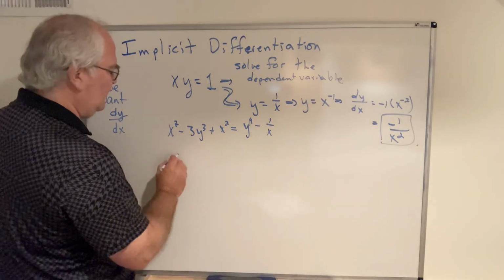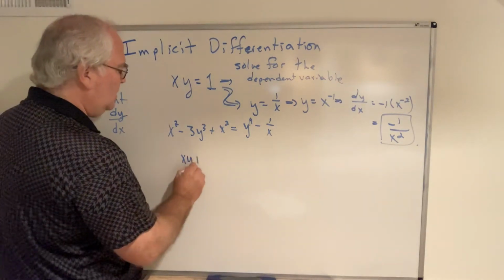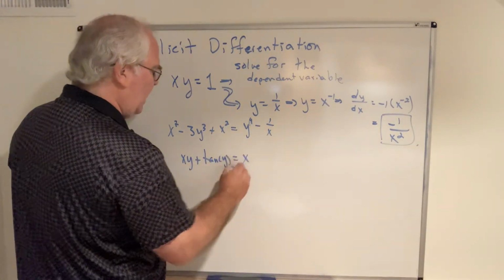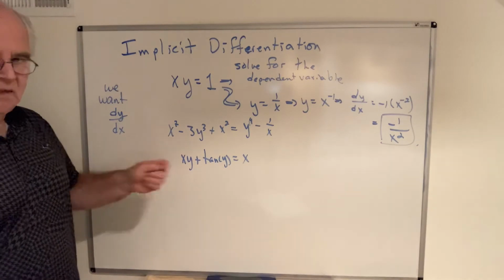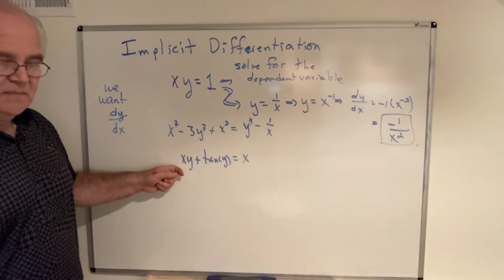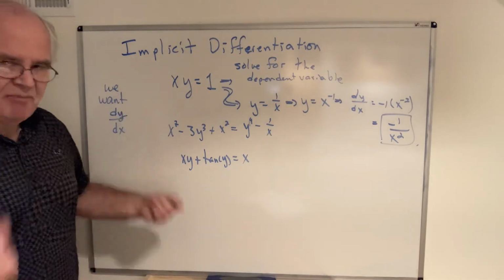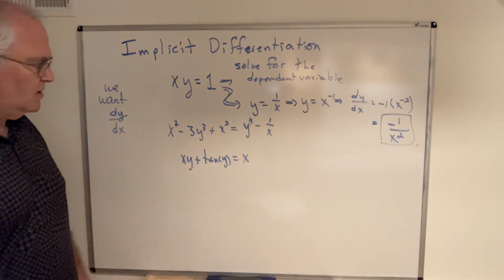We could have something like this: xy plus tangent of y is equal to x. Solving this for y is going to be a nightmare, even if it's possible. Same thing here. Sometimes it's not possible or much too much trouble.